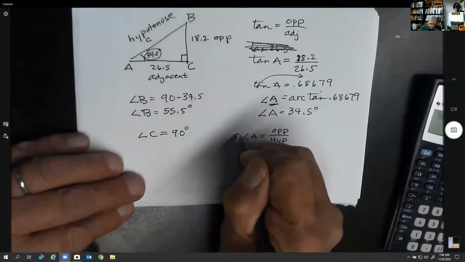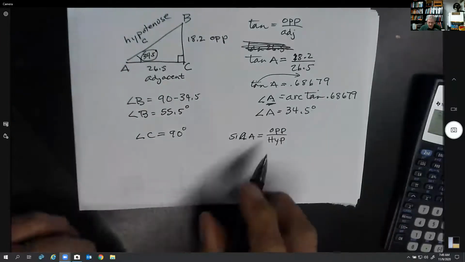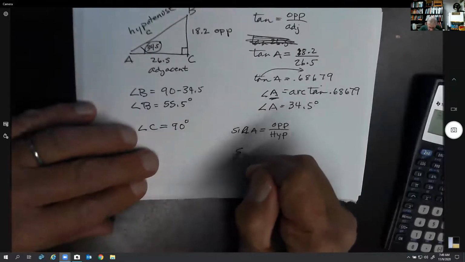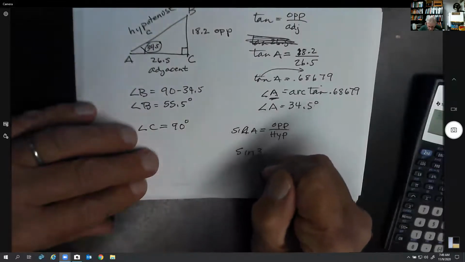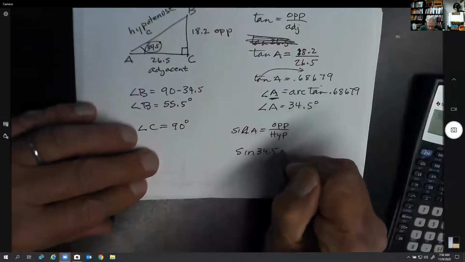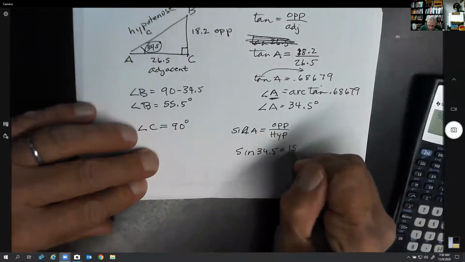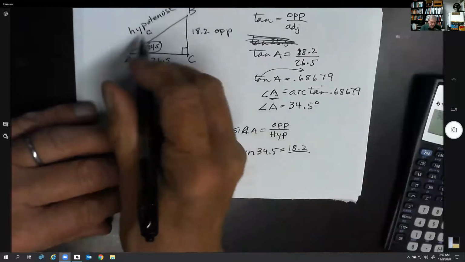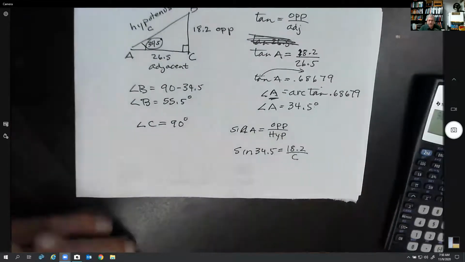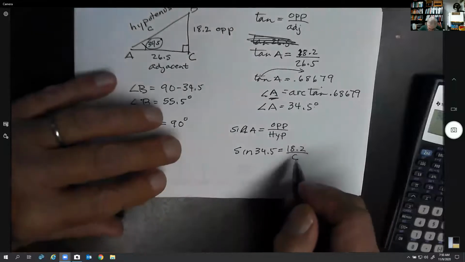Sine. So the sine of A. So we can write sine 34.5 equals opposite 18.2 over hypotenuse C.